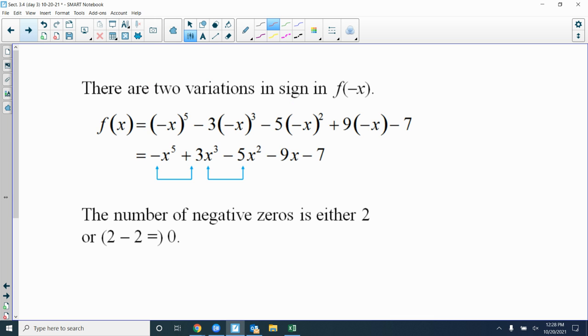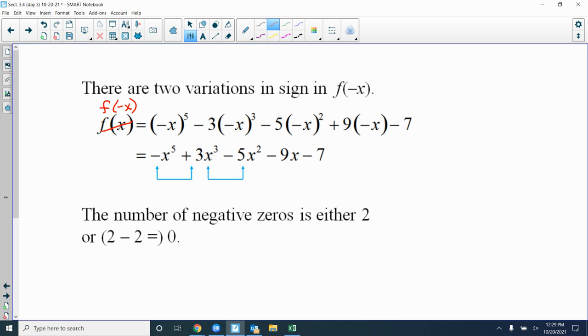For the negatives, you have to do f of negative x. That should say f of negative x. And that's going to change your equation a little bit. All this is going to do is change some of your signs. What are the only terms whose signs will actually change? It has to have what type of power? It has to have an odd power. The even power, remember, a negative number to an even power will stay positive.